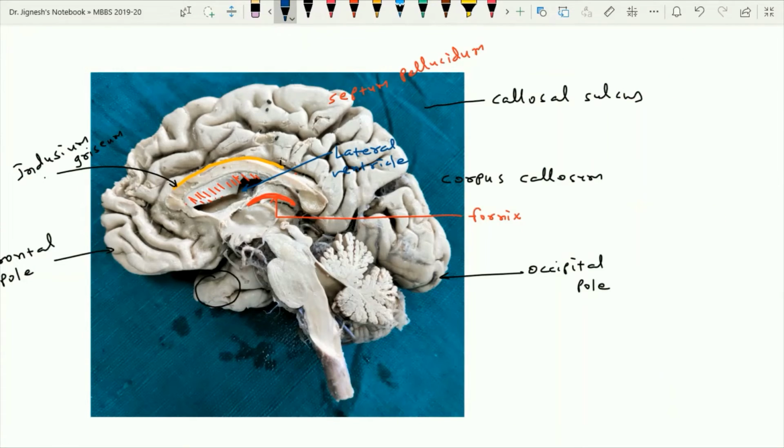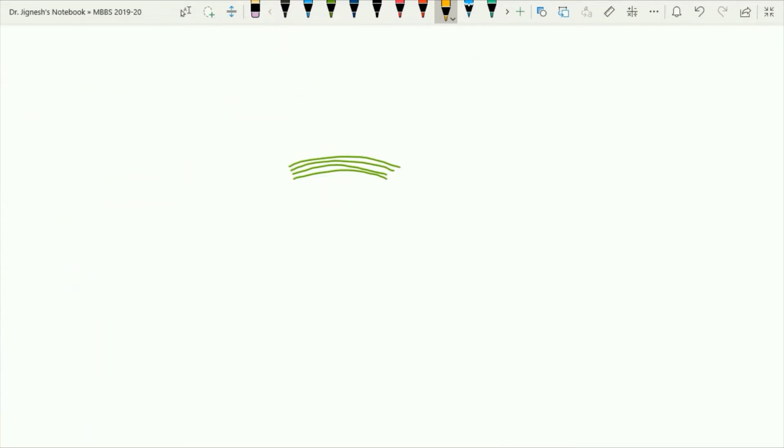So when we take a coronal section of the corpus callosum, we can see it like this. These fibers are the corpus callosum. Here is the cerebral cortex, which is a little widely separated to see the structures on the superior surface of the corpus callosum.